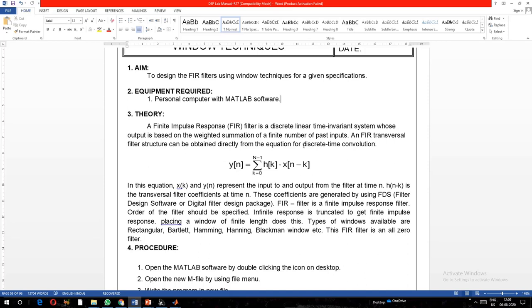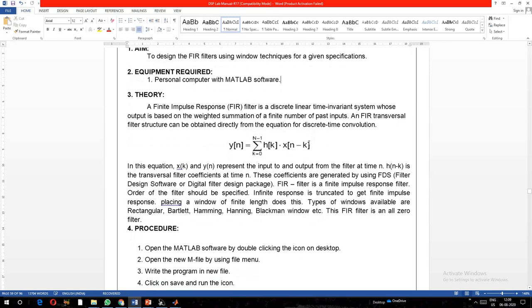Types of windows we have are rectangular, Bartlett, Hamming, Hanning, Blackman window. For our experiment, we are considering rectangular window, triangular window, and Kaiser window.